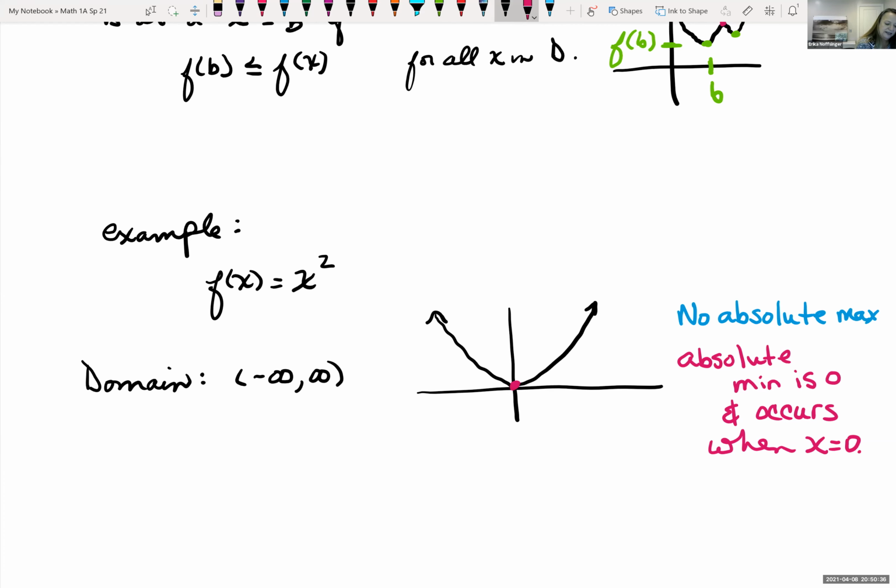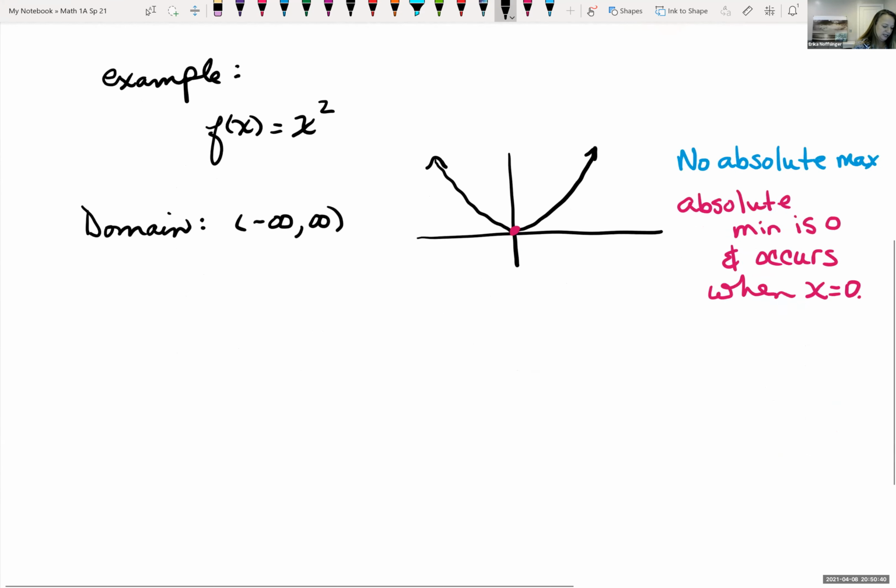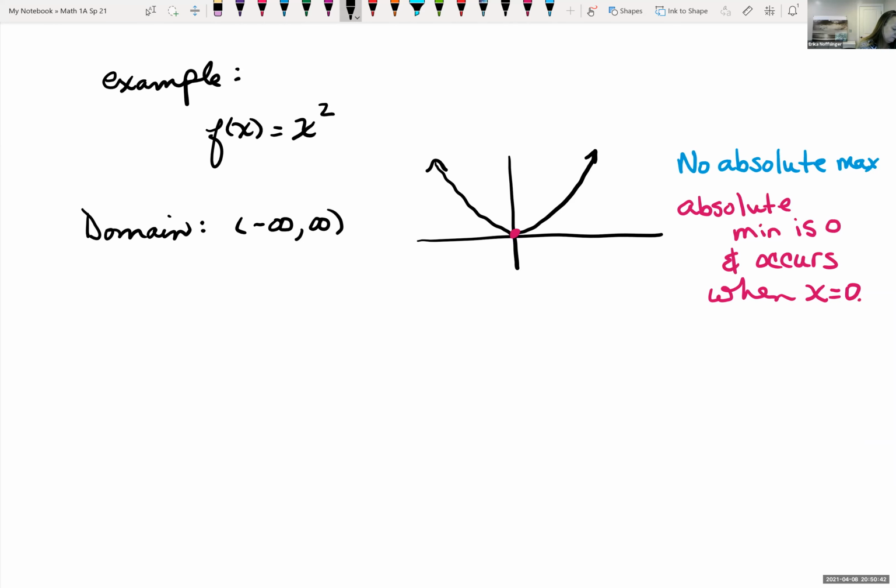Now let's say that we change the domain. Let's say instead the domain is between, how about, -1 and +2. Again, f of x is just x squared.